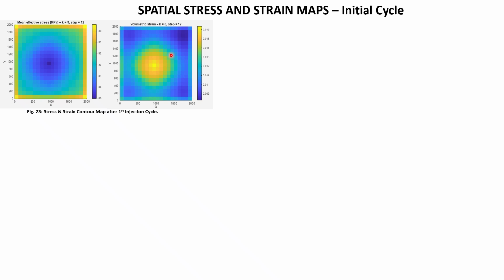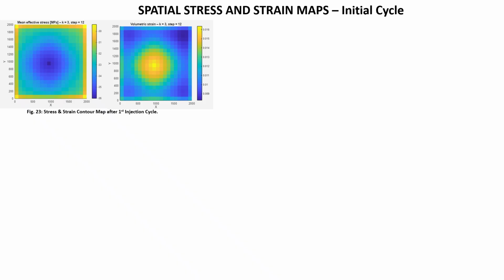On the left-hand side of each pair, for the first one, we have the mean effective stresses in megapascal. Compression is negative, so the darker blues indicate a stronger compression, while yellows indicate a reduced compression.